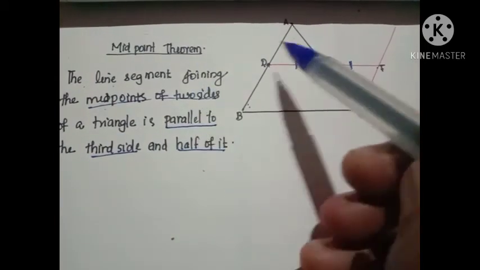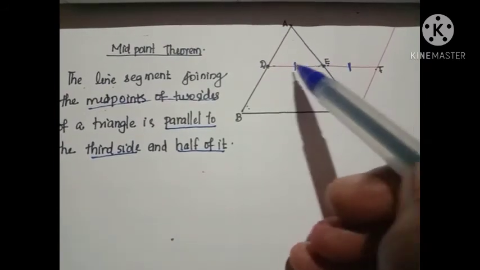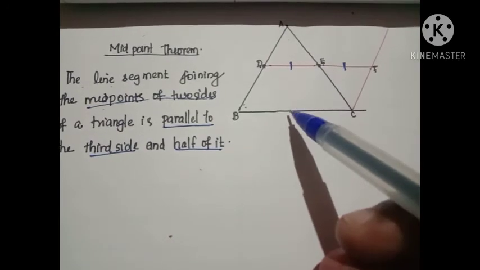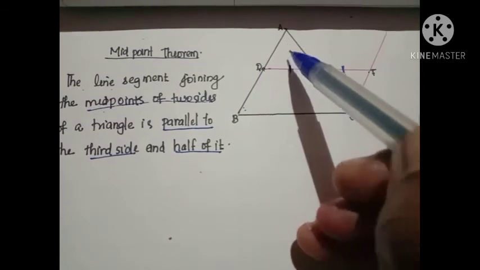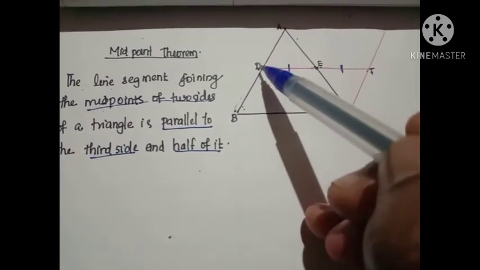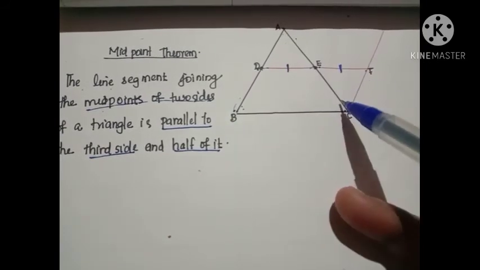So the midpoint theorem says the line segment joining these midpoints, that is the DE line, is parallel to the third side. What is the third side? BC. Because we already considered the AB side and AC side, since these midpoints lie on these two sides.